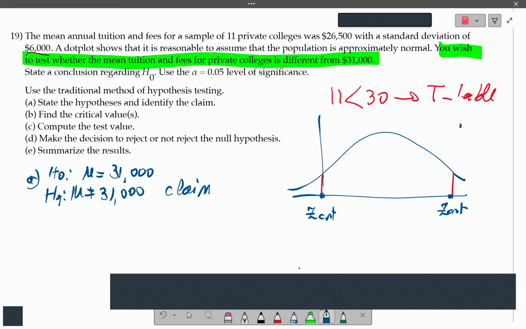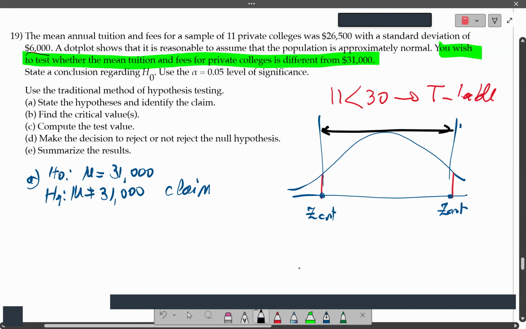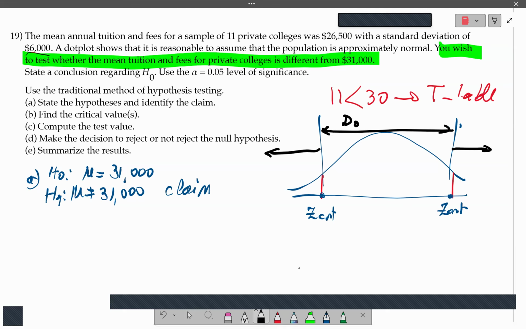I'm going to reject and accept according to these values, right? Do not reject here. And here reject H0 and reject H0. So I divide my plan in three parts. Let's go to find the critical value, B.